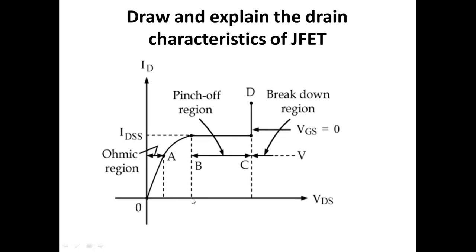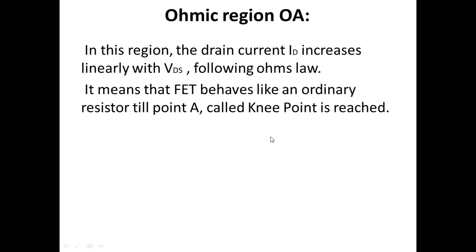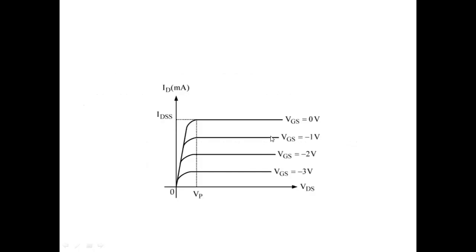So if the gate voltage is increased negatively, the pinch off voltage decreases. It is not shown here. The breakdown voltage is also reduced. If the gate voltage increases, we increase it as 0, -1, -2, -3.